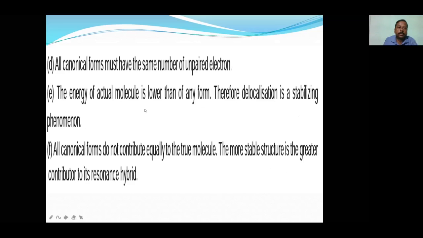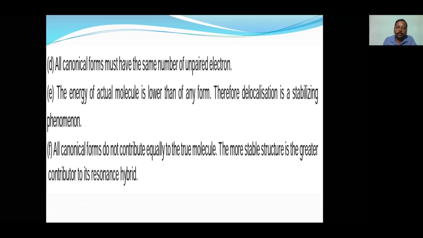Next, all canonical forms must have the same number of unpaired electrons. If two unpaired electrons are there, then everywhere there should be two unpaired electrons, but their positions can change. Then the energy of the actual molecule is lower than any single form. That is the resonance hybrid.